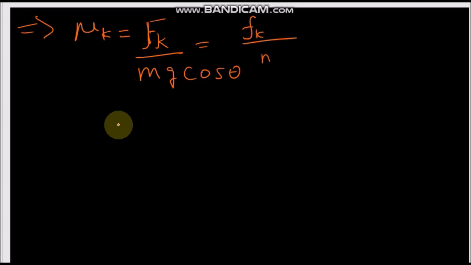Insert the values of the quantities in the equation. Then the coefficient of kinetic friction μk is equal to 0.082.